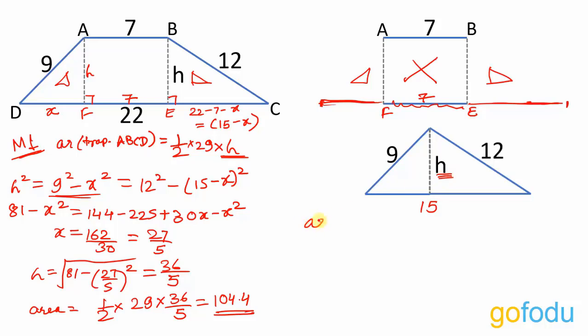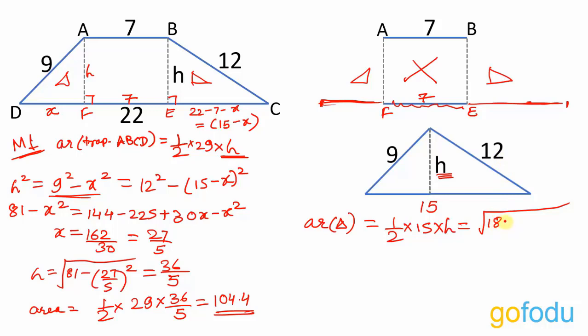So I can write the area of this triangle as half into base into height, and I can also write the area by Heron's formula. That would be the square root of s into (s minus a) into (s minus b) into (s minus c), where the semi-perimeter s is (9 plus 15 plus 12) upon 2, that is 36 upon 2, 18.